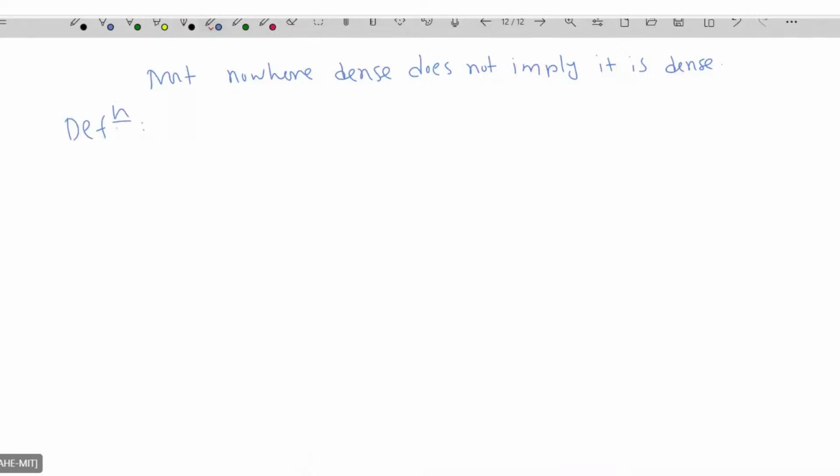Definition. A subset A of X is said to be meager, so whatever we are discussing is under a topological space, or of first category. Another name, that's a new name people use.